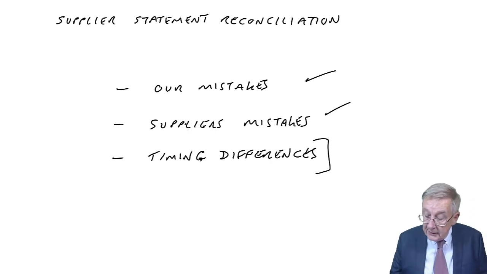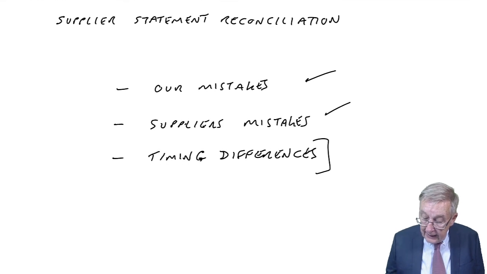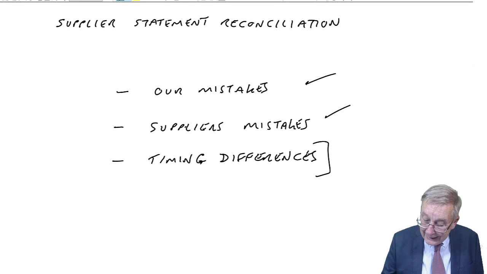So here's a tiny example. As always, I hope you've got the notes in front of you, but look at example 1. On 4th of July, we received a statement from one of our suppliers dated 30th of June. Obviously, it's been in the post.